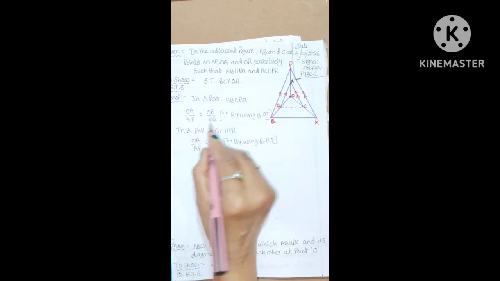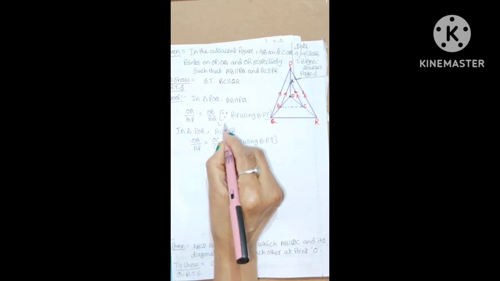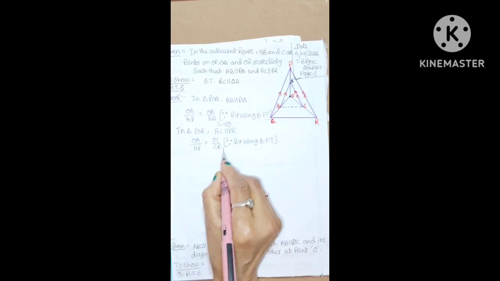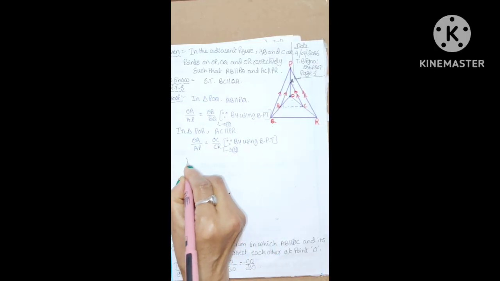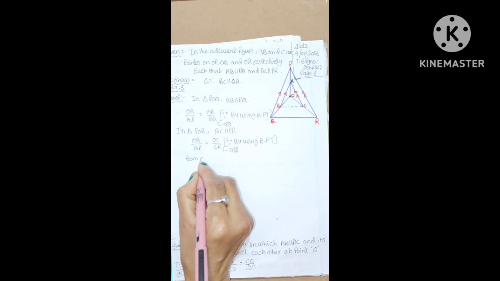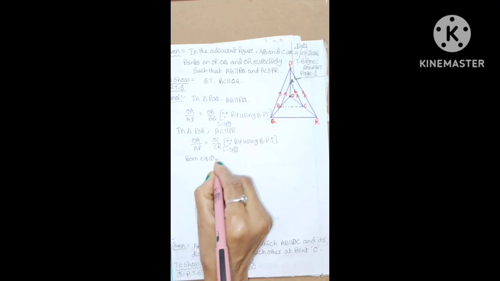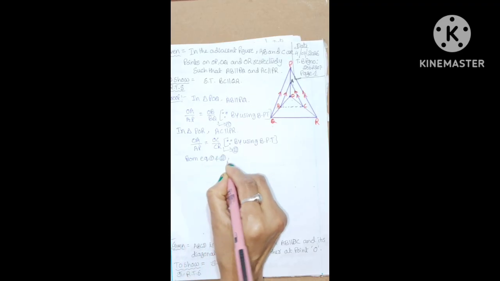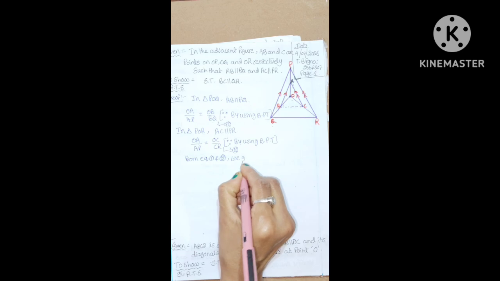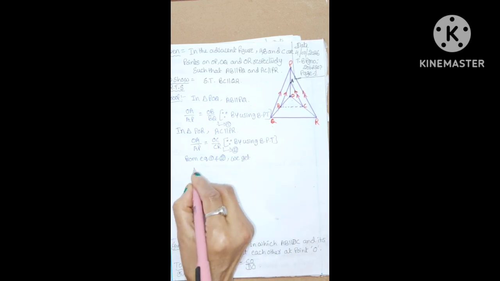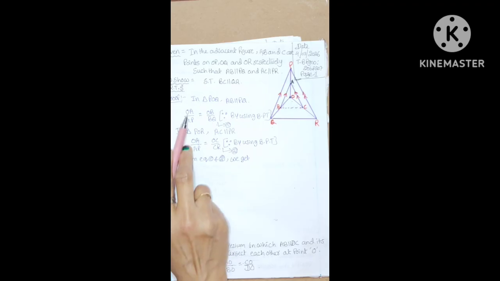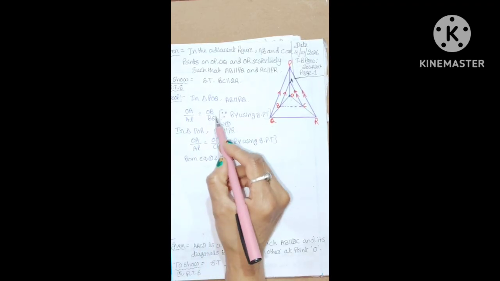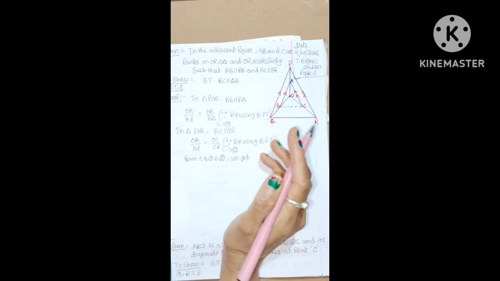Let the first be equation number 1 and this be equation number 2. From equations 1 and 2, look here: in the first and second equations, the LHS are equal, so the RHS is also equal.